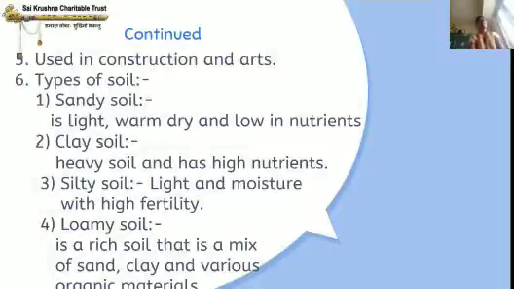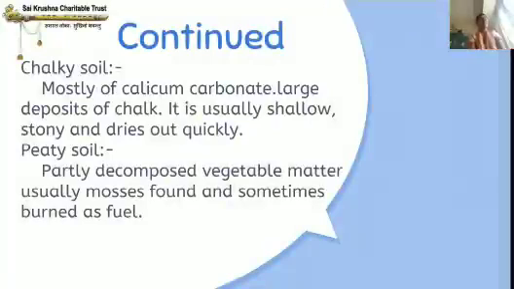So I have explained to you about the types of soil. They are the sandy soil. Sandy soil is light, warm, dry and low in nutrients. Clay soil is a heavy soil and has high nutrients. Silty soil is light and moisturized with high fertility. Loamy soil is a rich soil, a mixture of sand and clay and various organic materials, and it is also used for construction and for growing.